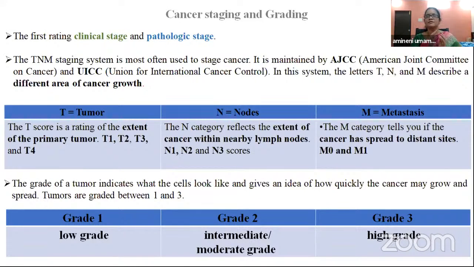Once the mass is present at this particular site, these cancer cells require more and more glucose and oxygen. There will be a need for nourishment of the cells. For that reason, the system will develop blood vessels to supply oxygen and nutrients to these tumor cells. This process is called angiogenesis.